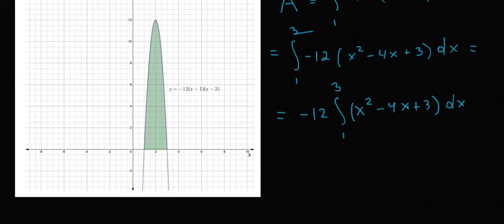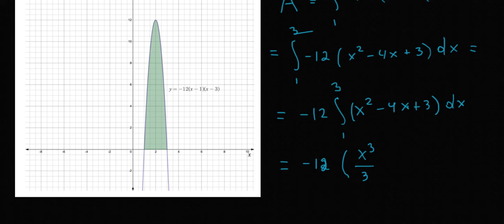So first, let's calculate the antiderivative of our function. The factor of negative 12 remains. And then the antiderivative of x squared by the power rule will be x cubed divided by 3. This is the integration power rule.